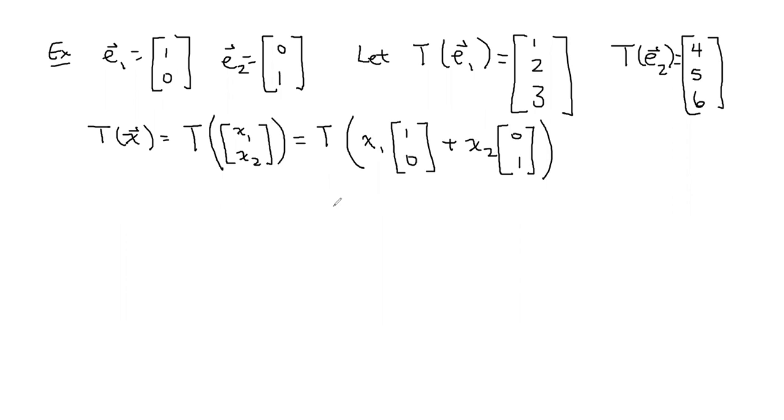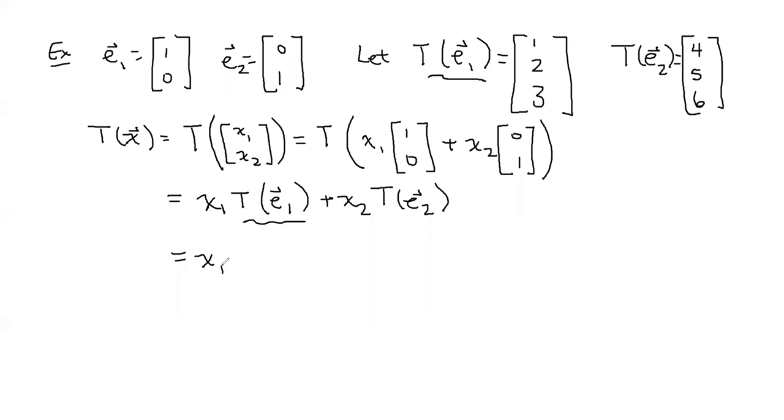So since we can break down any vector as a linear combination of our e1 and e2 in this way, we can now use that superposition principle that we talked about at the end of the last video. Instead of first taking the linear combination and then transforming, we can first transform and then take the linear combination. So we can rewrite this by pulling out our x1 and x2 and first transforming our e1 and e2. And conveniently enough, we already know what these two are.